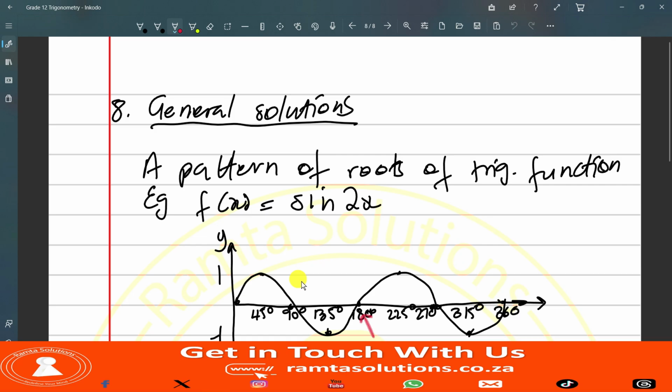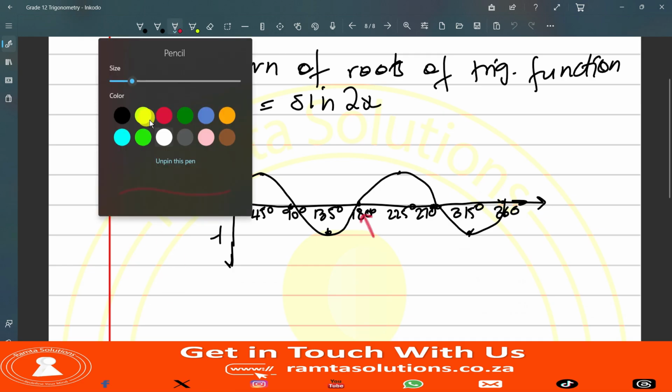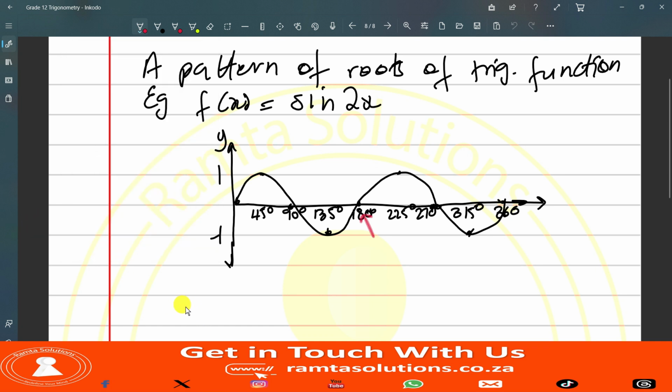All right? Now, what if f of x equals 0,5?